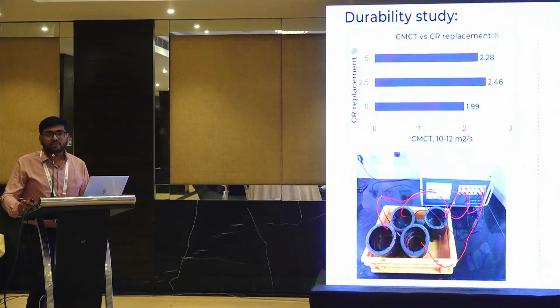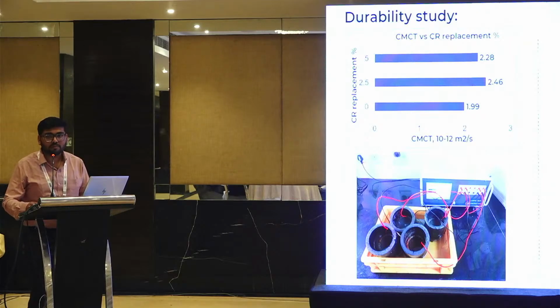Then we have also done the durability studies, which cover water permeation, water absorption, and the penetration of chlorides. The trend in all the durability studies is that 5% replacement of crumb rubber performs better than the lower replacement level of 2.5%. The results were almost comparable with the control, but slightly inferior when compared to the control mixes. All the trials were done at a single water to cementitious ratio.